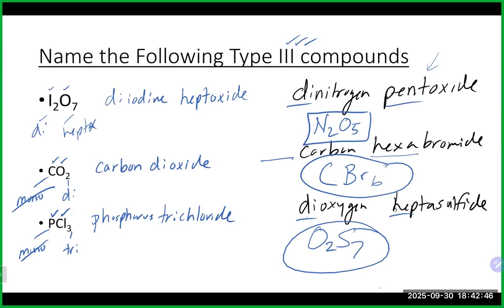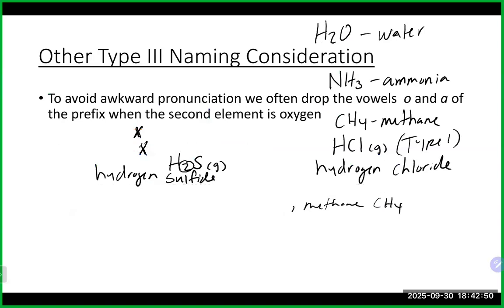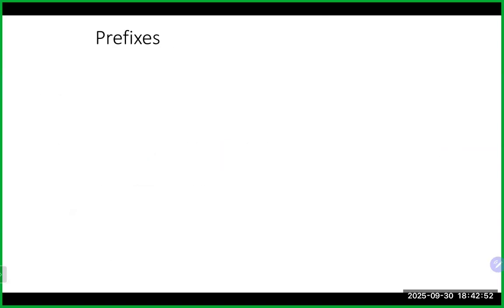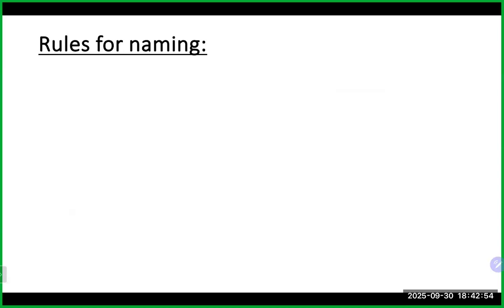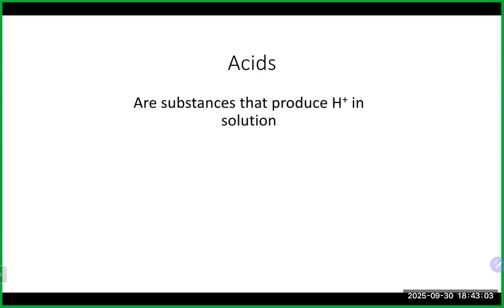All right. So going back, I think the last thing we're going to talk about is, I feel like I passed it here. There it is. We're talking about how we name acids, and acids are substances that are able to produce H plus ions in solution.